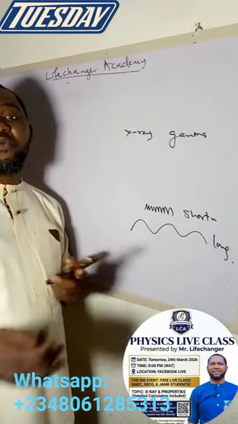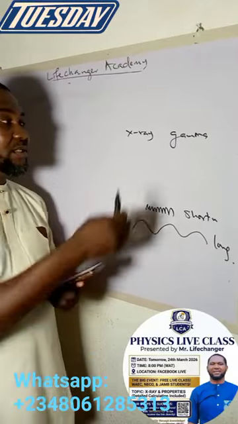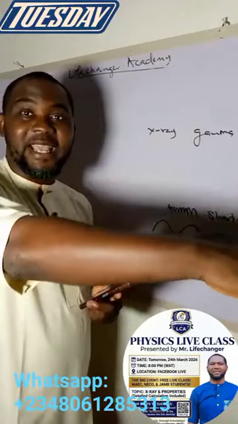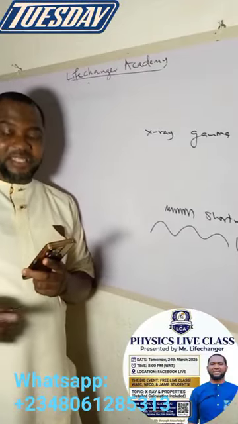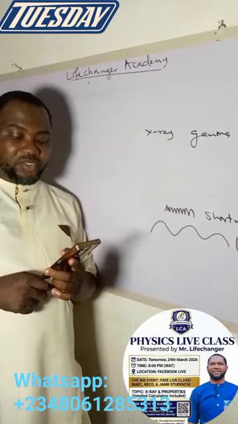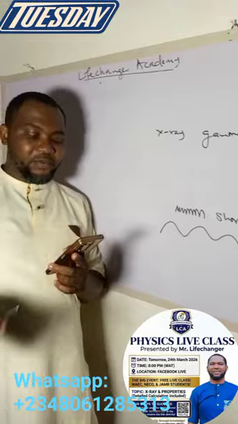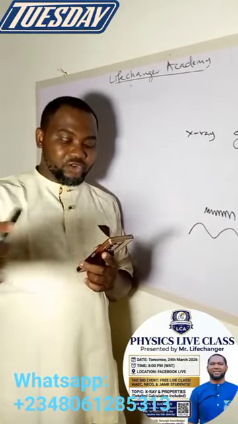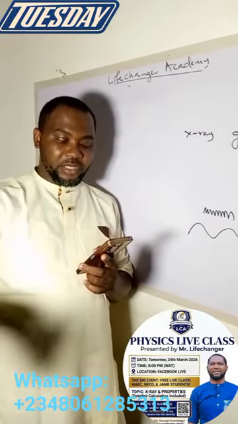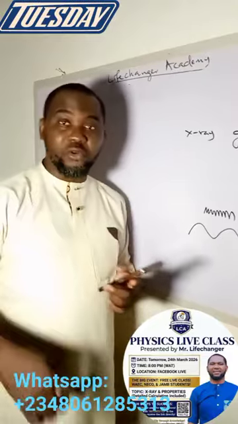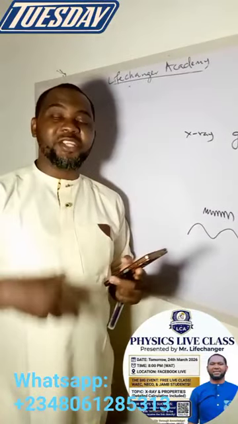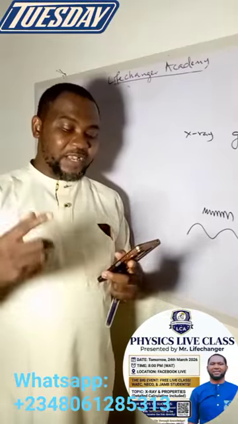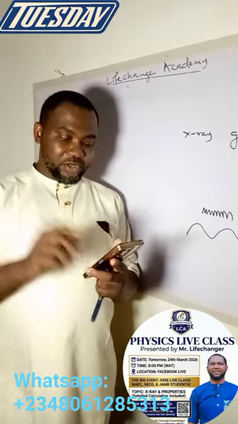That means gamma ray has higher frequency than X-ray. Then D is the correct answer. X-ray arises from energy changes in the electronic structure of atoms, but gamma ray comes from the nucleus. Don't forget that.